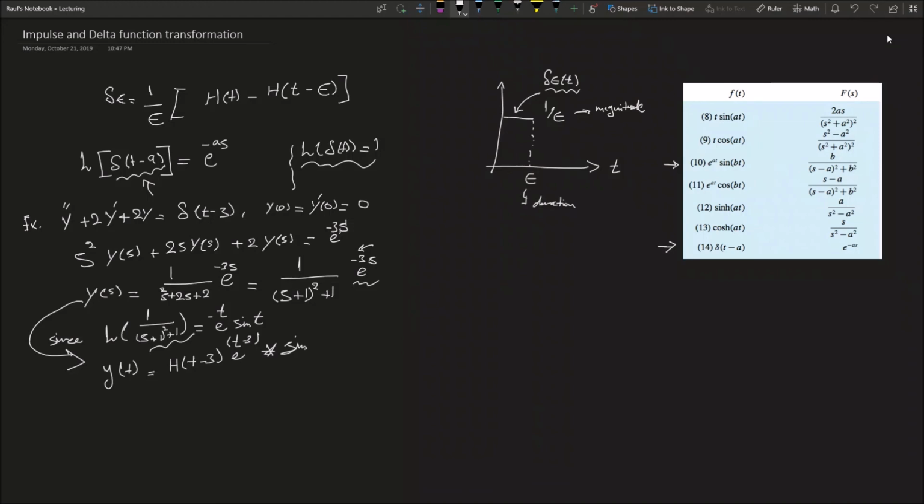Instead of sine t, we will have sine of (t minus 3) to compensate for the shifting. And this is the final solution for the Laplace transformation of an example where you have one term of the equation including a delta function transformation.